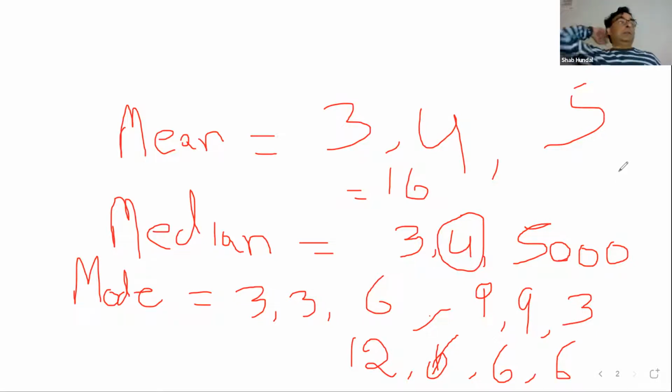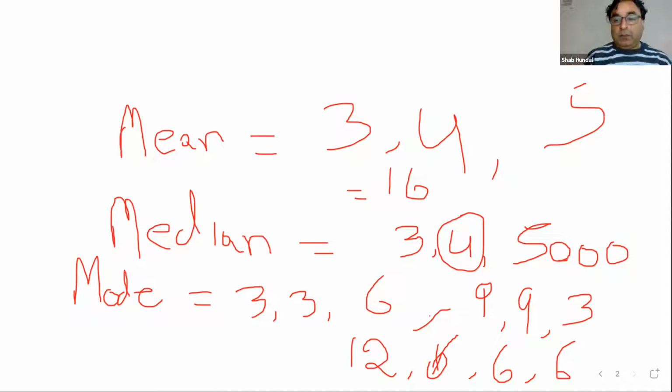So then the mode would be that number which comes most frequently. So you can say 3 comes 3 times, 9 comes 2 times, 12 comes once, but 6 comes 4 times. So the one which comes most frequently is the most representative of the data. So then we say that the average is 6. So then the average is represented by mode. Mode, something occurs more frequently.